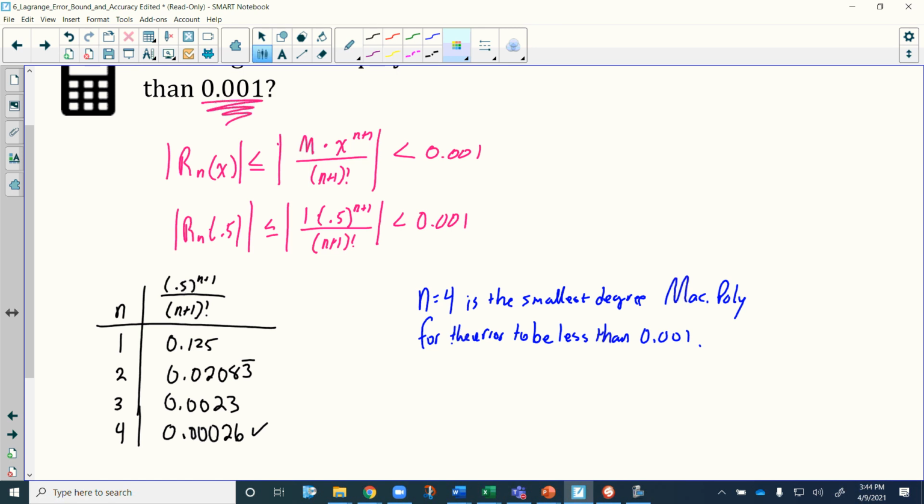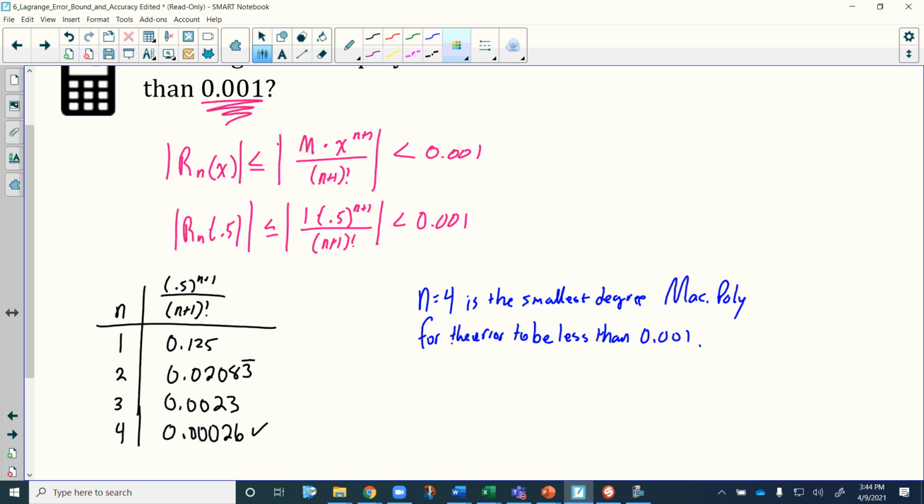Now, this is where I was kind of alluding earlier to. Well, this one's going to have a very interesting answer. Mathematically, the fourth degree polynomial is going to be the smallest degree Maclaurin polynomial for the error to be less than 0.001. But let's recall what was the actual series for a Maclaurin polynomial. Do you remember what the Maclaurin series is for sine?